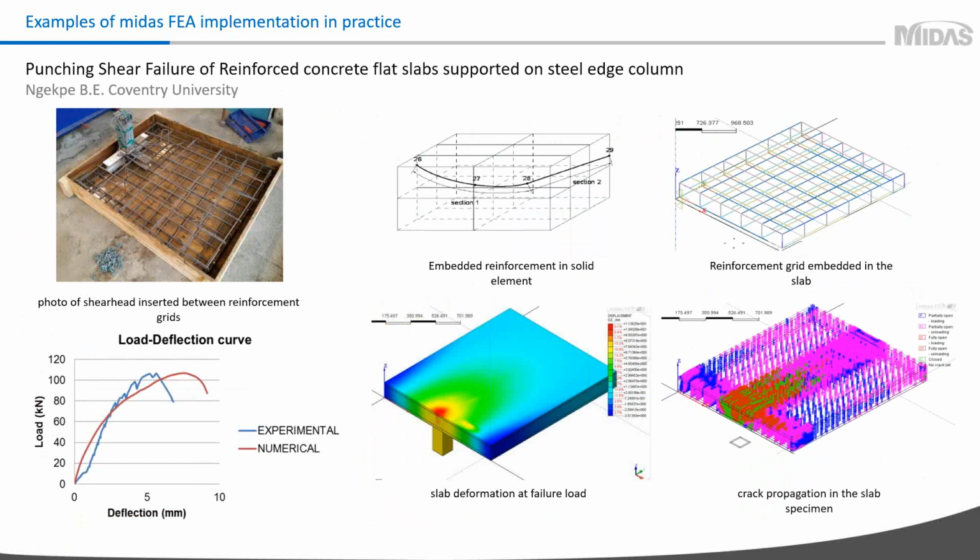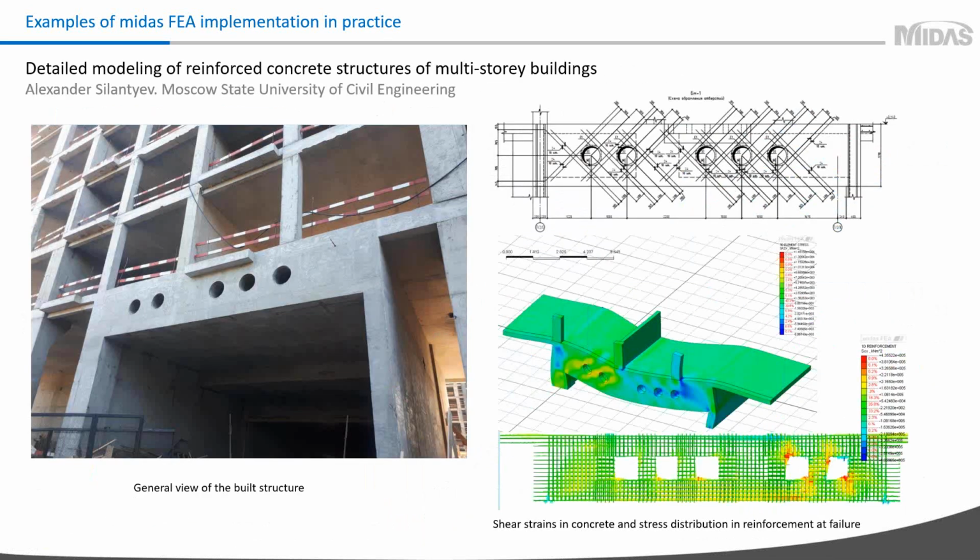He used the total strain crack model as well with a fixed crack, and for concrete, he used exponential tension softening and parabolic compression. As for the shear retention factor, he used a 0.3 beta factor. This numerical research showed very good agreement of slab failure with the experimental test.